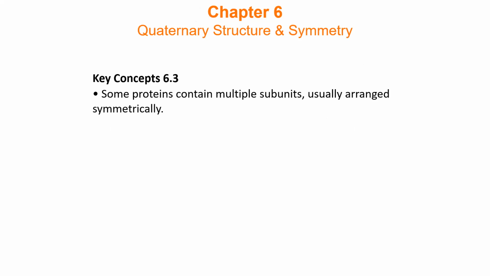And that brings us to our last type of structure, which is quaternary structure. Quaternary structure is how multiple peptides come together and form a protein. So if a protein has multiple peptides, what 3D structure do they make? That is quaternary structure.